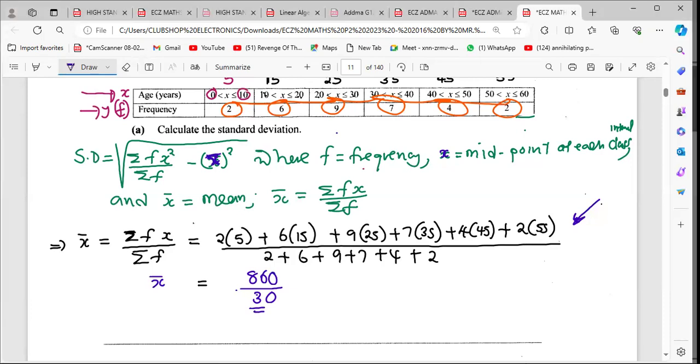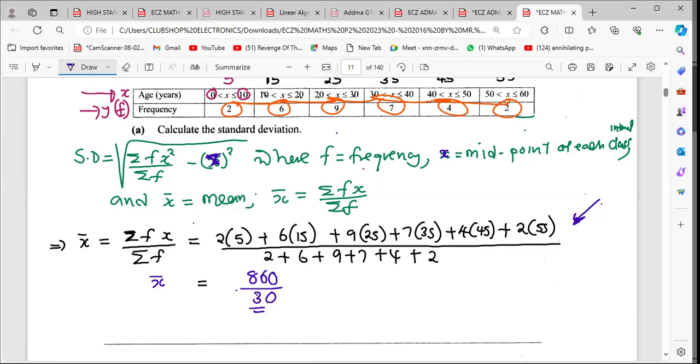Sir, I have a question. Okay, ask. Here we're first solving the first part of fx squared over frequency, but I started with the last part.